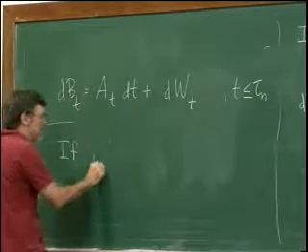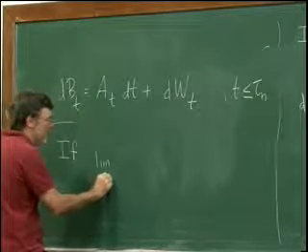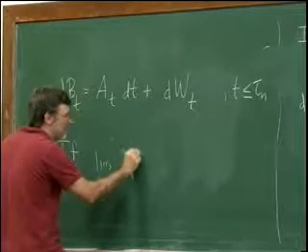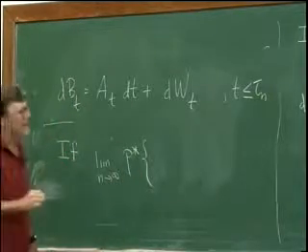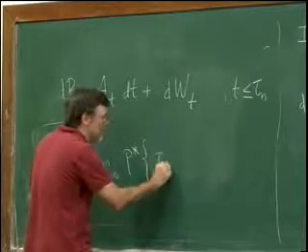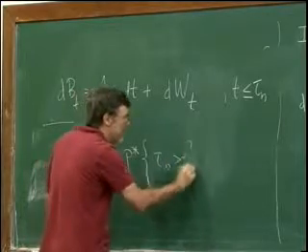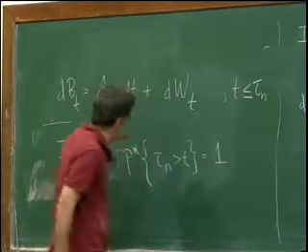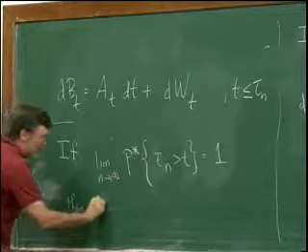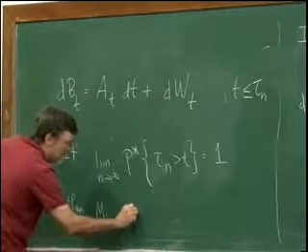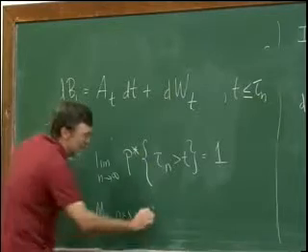If the limit as n goes to infinity of the probability that tau_n is bigger than t is equal to 1, then in fact this is a martingale.